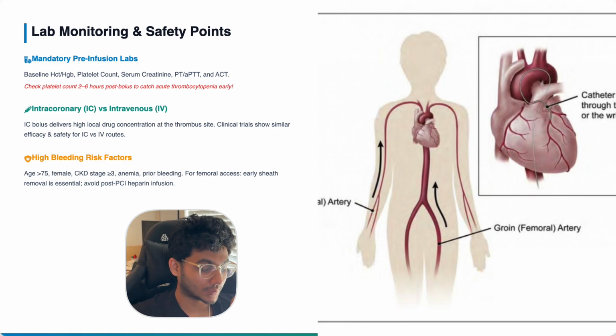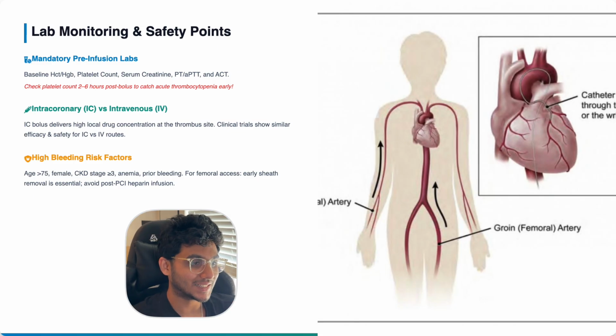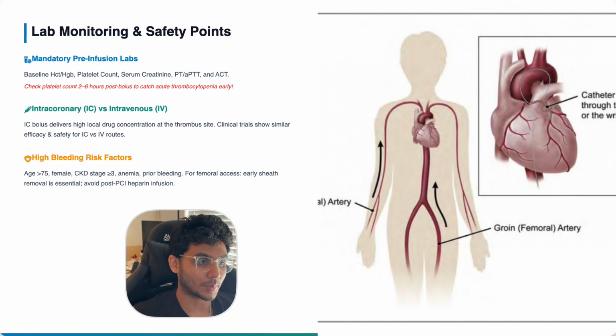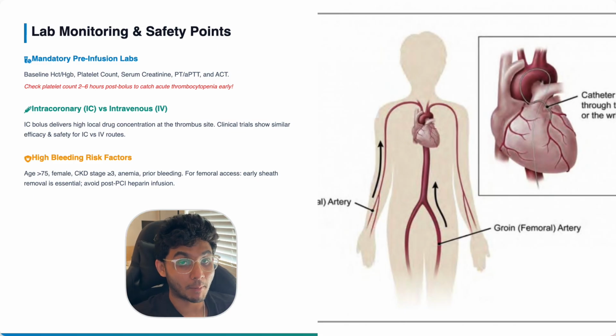Higher bleeding risk: patients who are above 75, female, those with CKD stage 3 or more, just because the clearance of the drug is impaired, anemia or prior bleeding. All these are considerations that might hold off the use of this therapy.